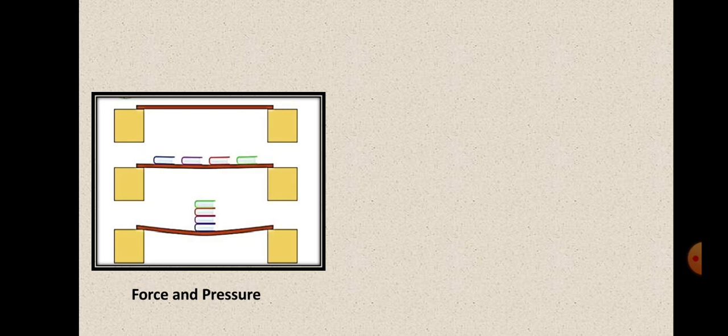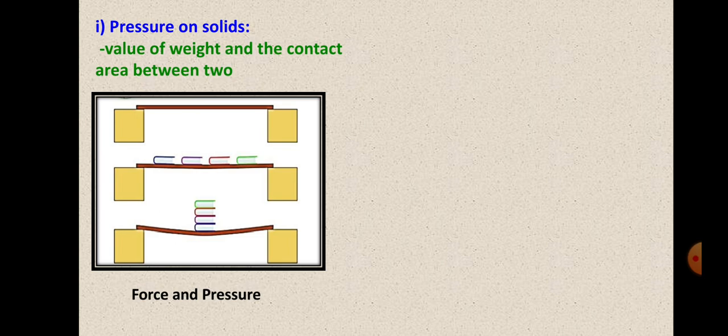So the area is reduced, the force is the same, and thus the pressure becomes more. So when the area reduces, the pressure increases. This is the pressure on solids. Okay. So the pressure on solids depends upon the value of weight and the contact area between the two.